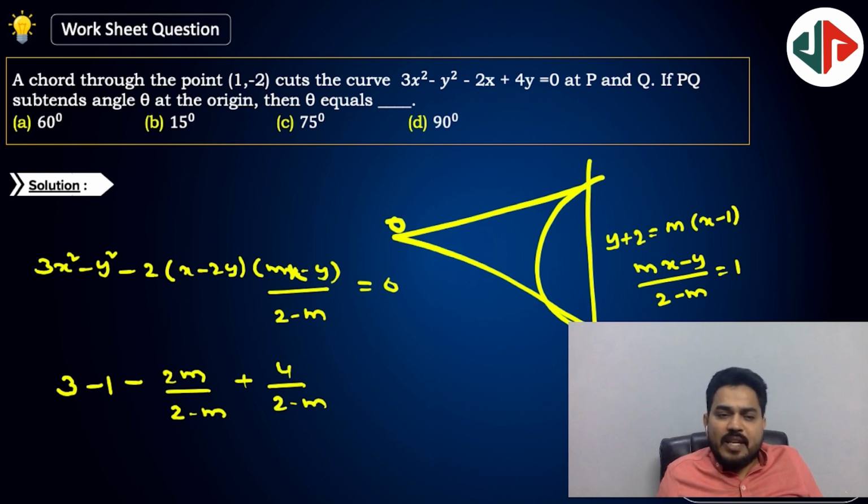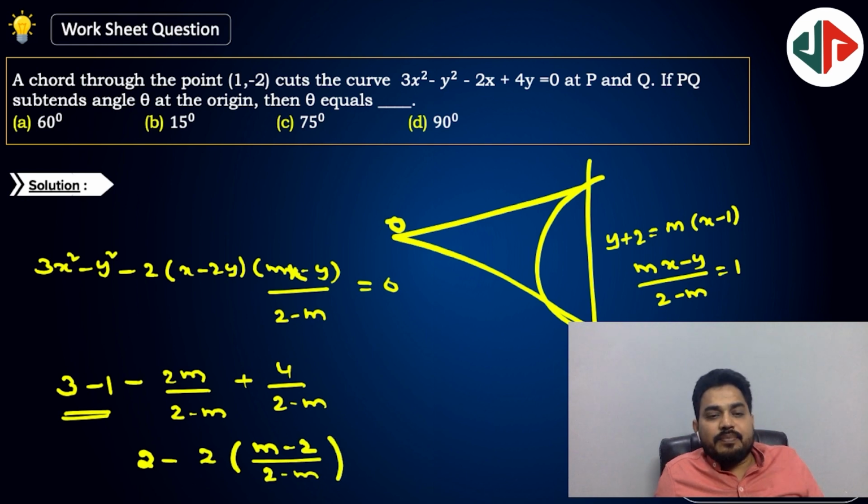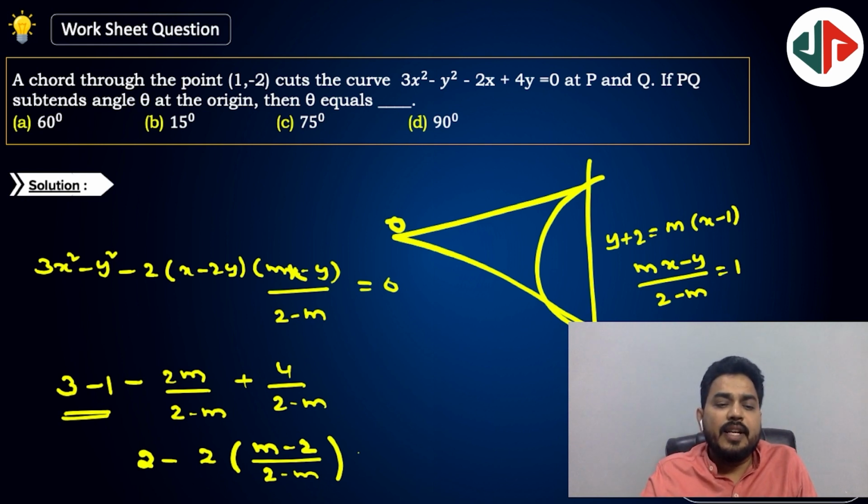Okay, here minus will be there, 2 minus m. So you are going to get this value is equal to 0. Just a minute, I am redoing this one, little calculation mistake.